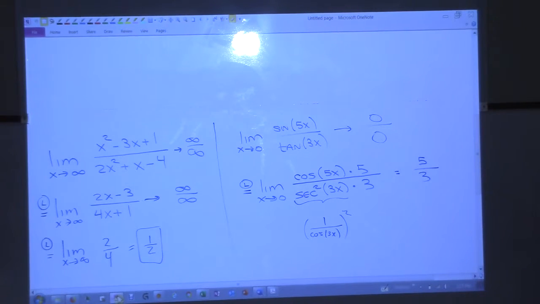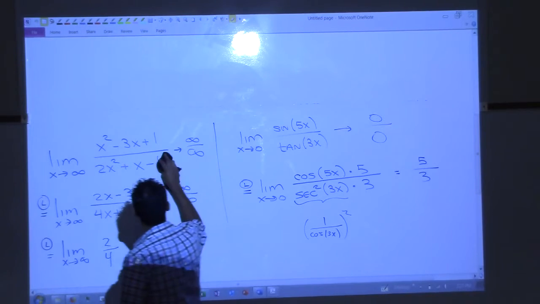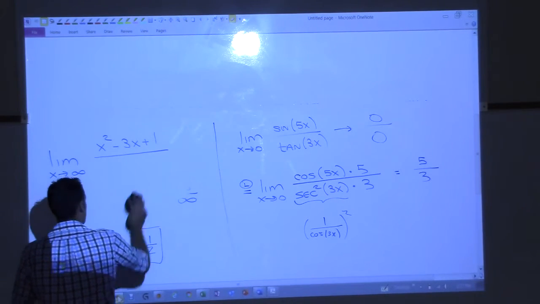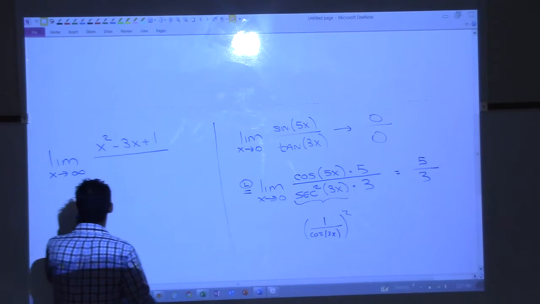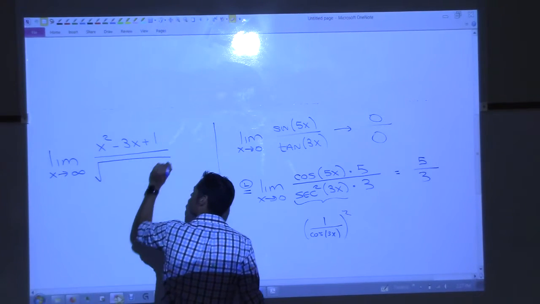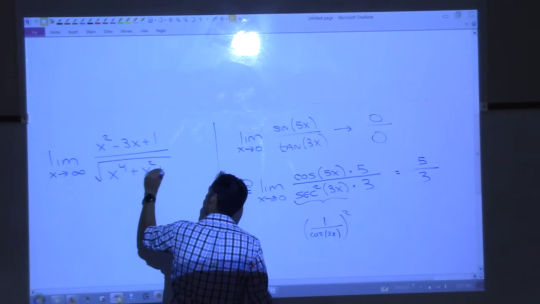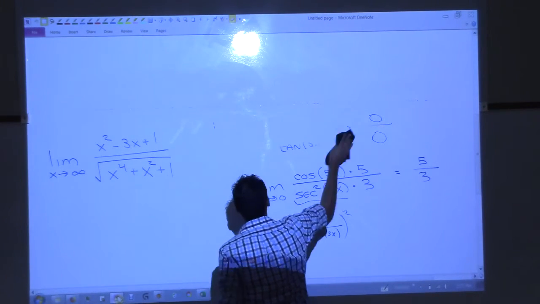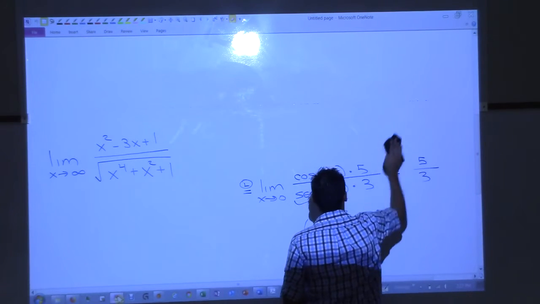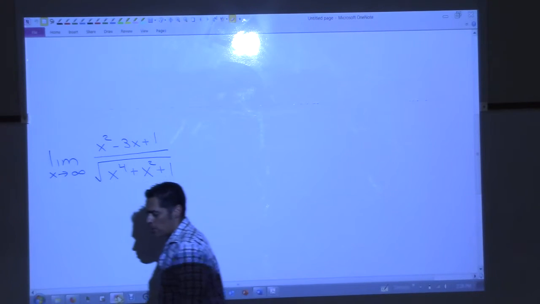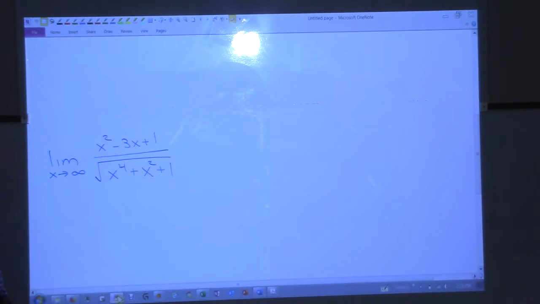Now there are times where L'Hopital will fail us. So let me just modify this problem slightly. Even though it looks like the cure-all for all your math ailments, it's not always going to be the case. So that problem right there, we can do that one algebraically, by hand.